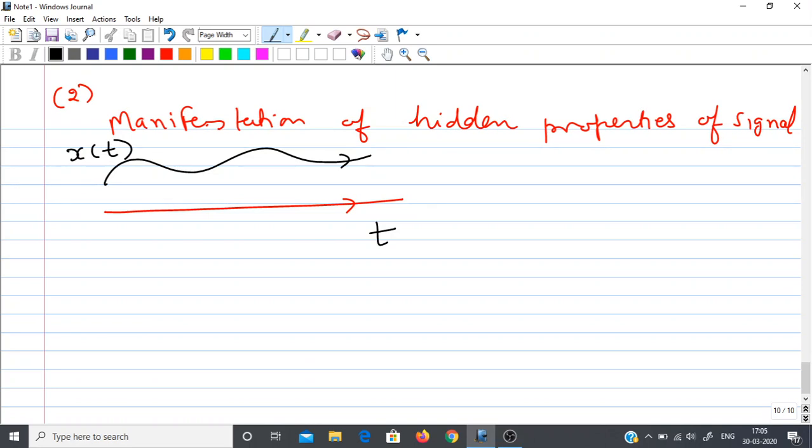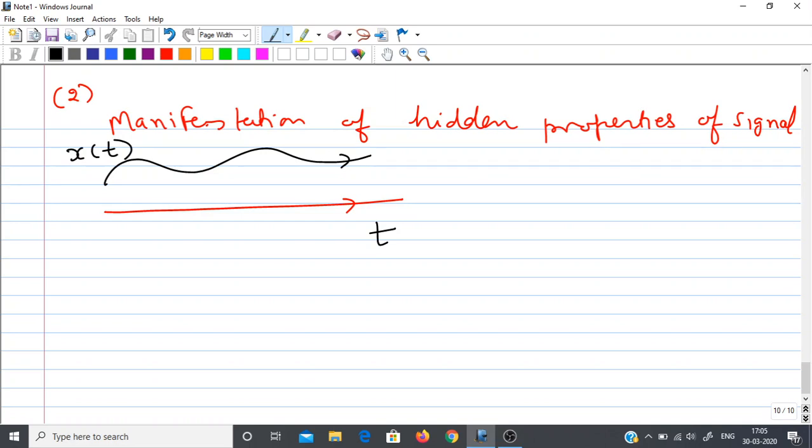However, if you take its Fourier transform, that is, if you transform the signal in the frequency domain, then it is possible to answer about the bandwidth of the signal. So instead of CRO, you can use a spectrum analyzer. A spectrum analyzer computes the Fourier transform of the signal, and using the Fourier transform, it is simple to give the answer about the bandwidth of the signal.